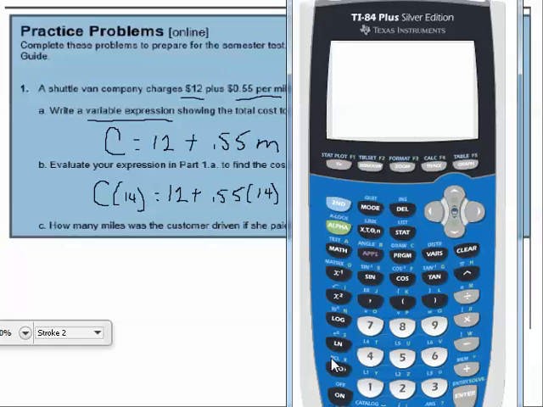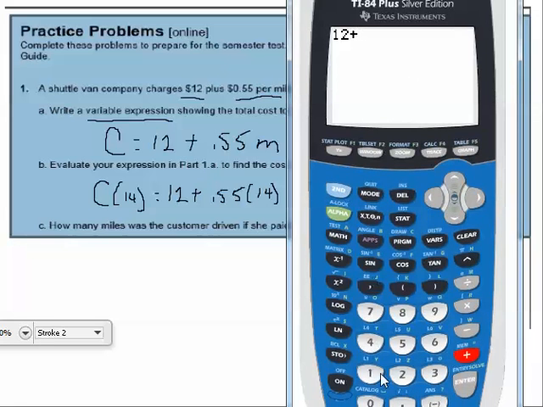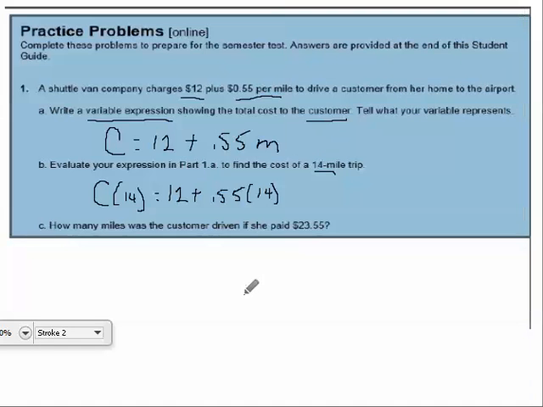That's why we have calculators. So I'm going to say 12 plus 0.55 times 14 miles, and I get a total of $19.70.